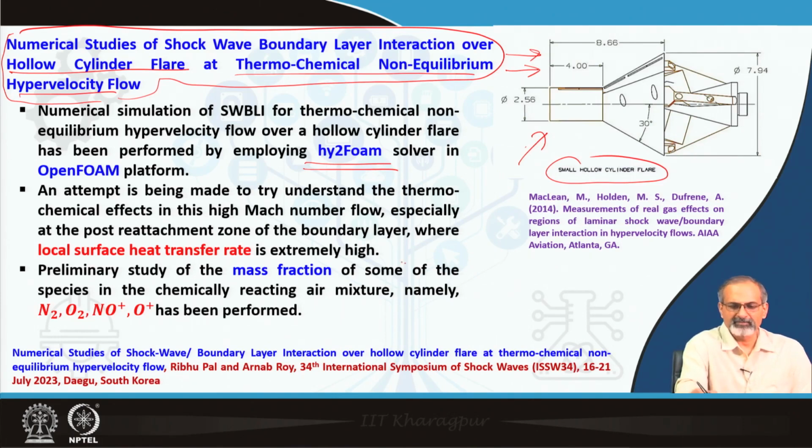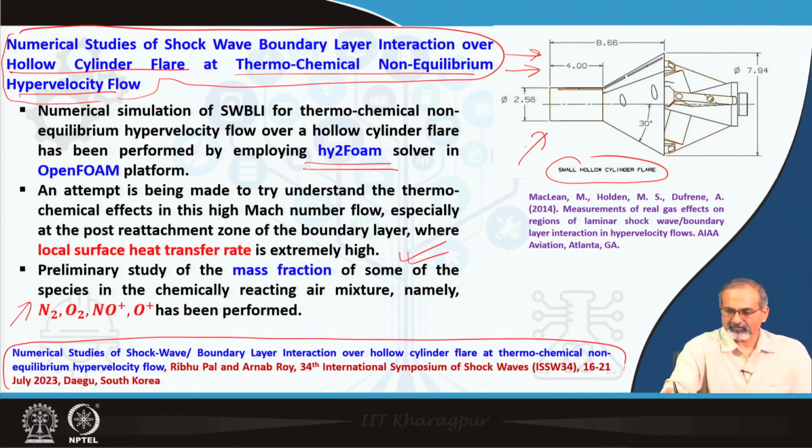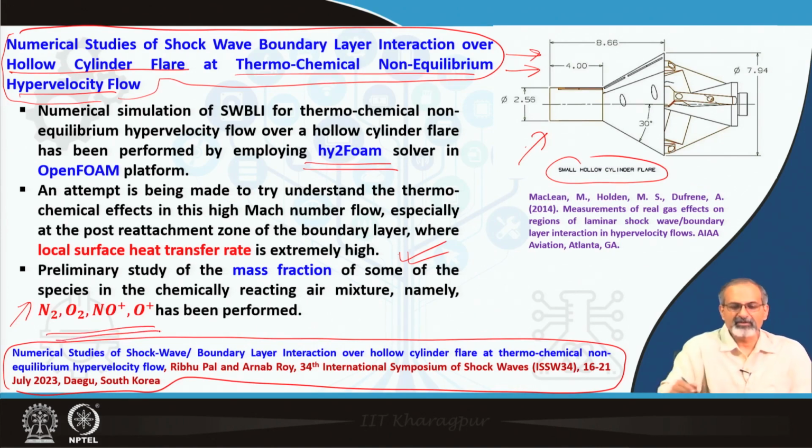Not all of this has been included in our slides here for the study, but the study that is reported in this paper of ours does include the details. The preliminary study of mass fraction of some of the species in the chemically reacting air mixtures has also been performed. So, we will try to see some of these results.